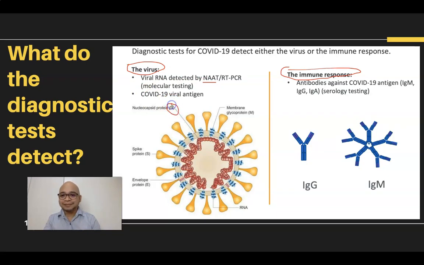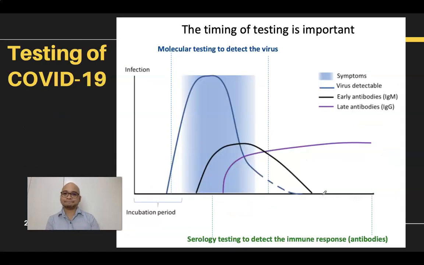On the other hand, when we say immune response, we are trying to detect the antibodies in response to the N and S proteins. These antibodies could either be IgM or IgG. IgM is the primary response and IgG is the secondary response.